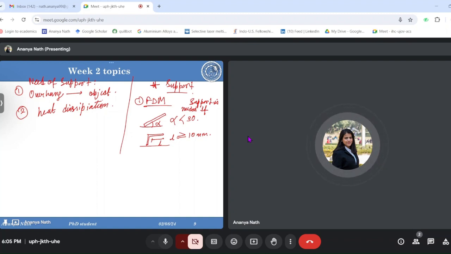Okay, so this is a condition for FDM. It is not true that for other additive manufacturing processes this will also be the condition.